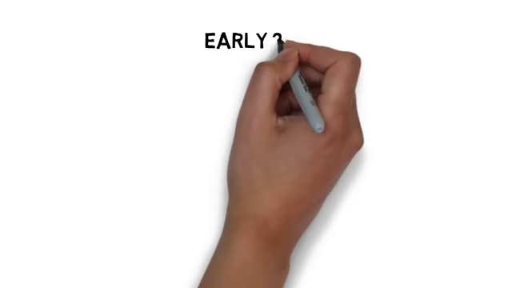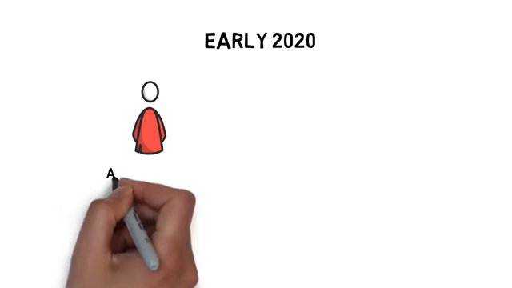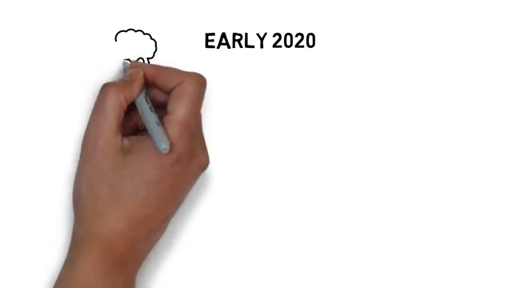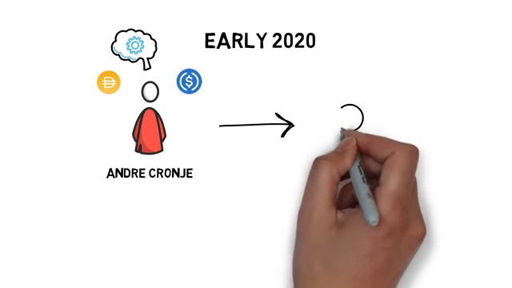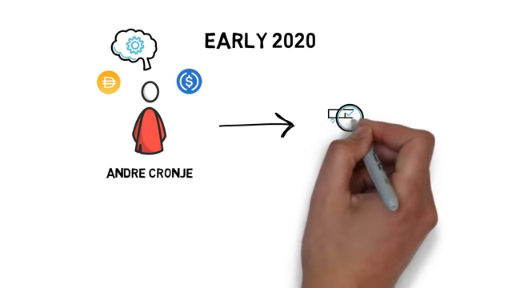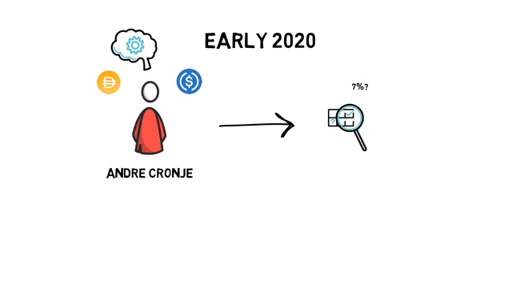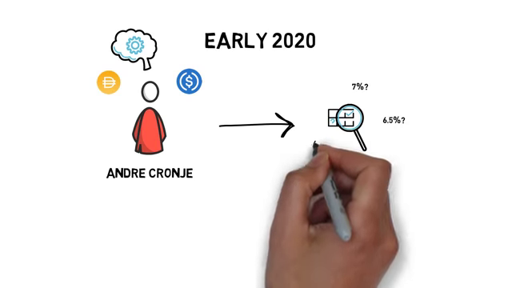In early 2020, the author of the yEarn protocol, Andre Cronje, started looking into automating his strategy for choosing the highest paying lending protocol for his stablecoins. Before the first iteration of the protocol, Andre had to wake up every day and manually check which protocol pays the best APY on that day and consider moving his funds to that protocol.